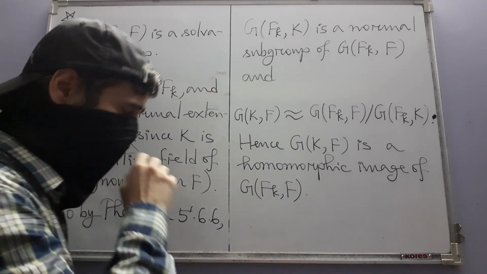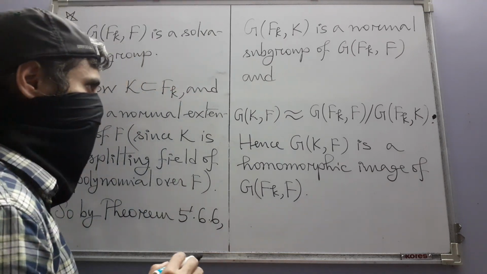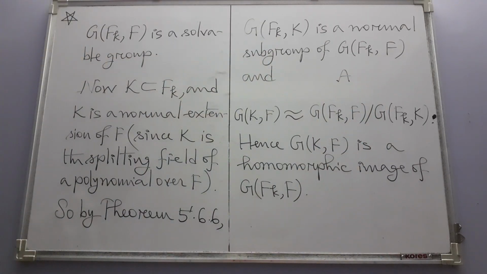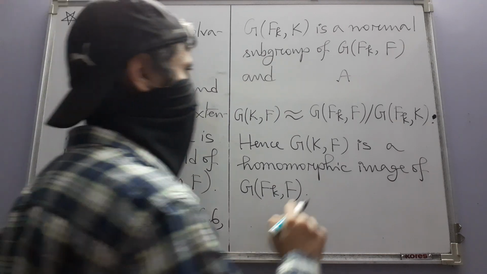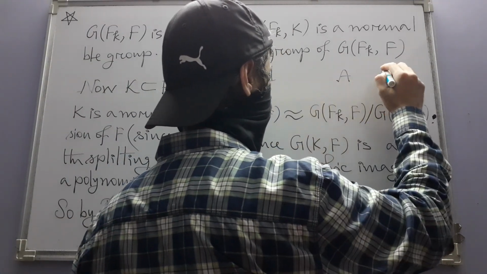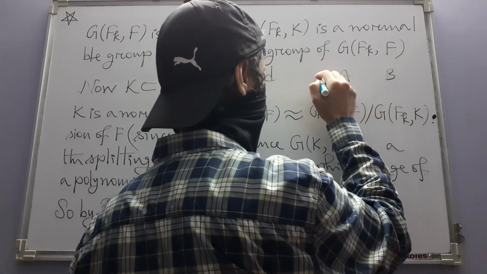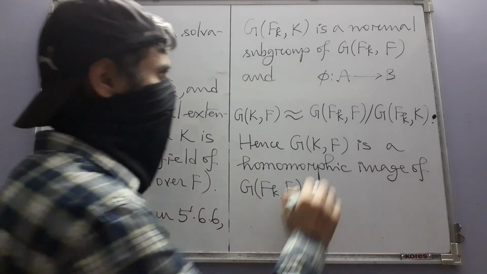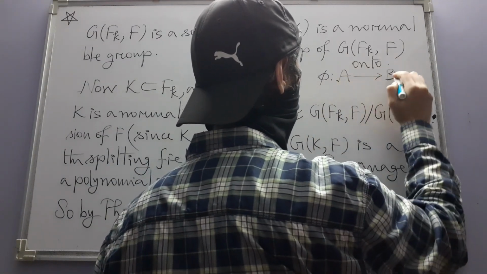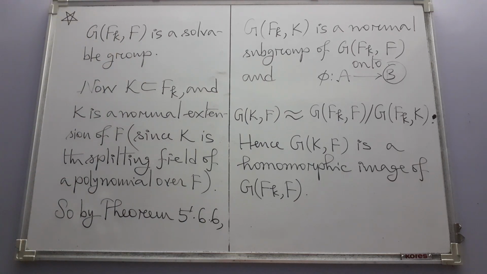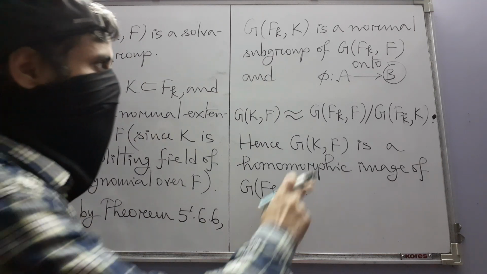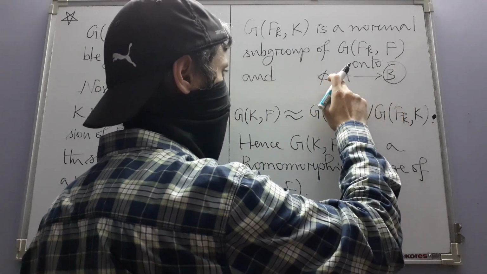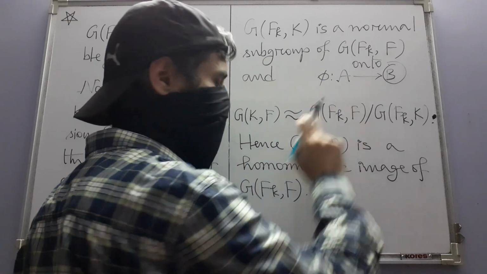We know that if, say, A is a group, so we are going back to a little group theory. Suppose A is a group and B is another group, and there is a homomorphism phi from A onto B. When that happens, we say that B is a homomorphic image of A. In other words, B is the image of A under a homomorphism.